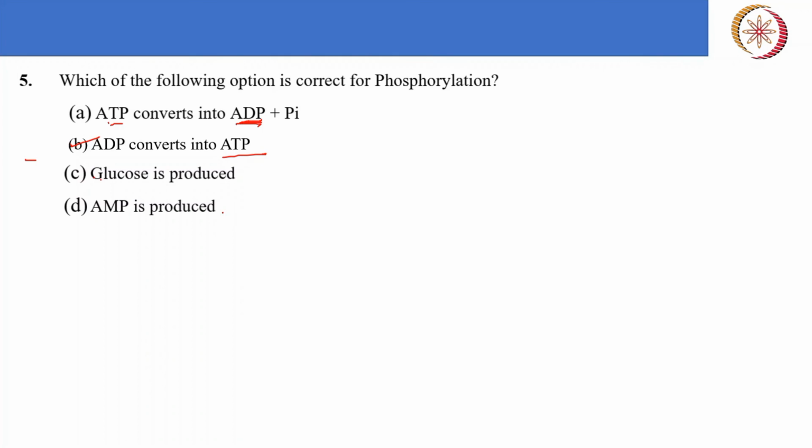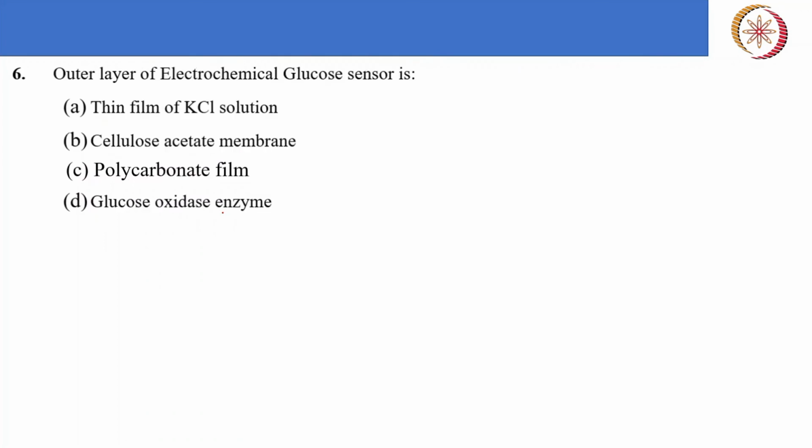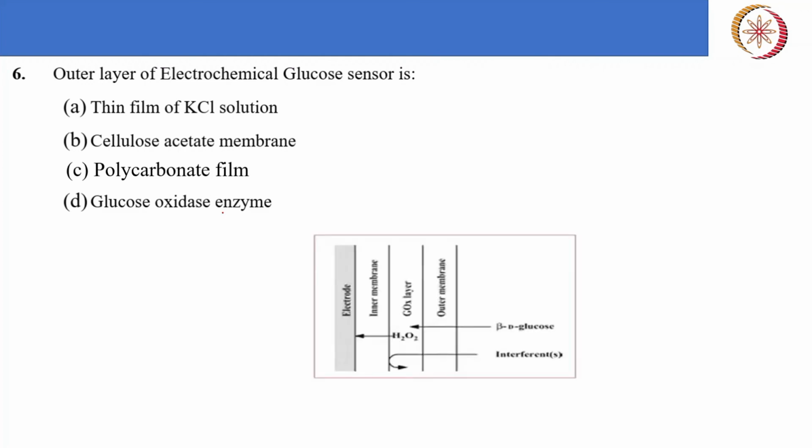Okay. So the next question is, the outer layer of electrochemical glucose sensor is a thin film of KCl solution, cellulose acetate membrane, polycarbonate film, or glucose oxidase enzyme. I think we just discussed this question. This one is the polycarbonate membrane, which is permeable for glucose, and impermeable for protein and other constituents of blood.